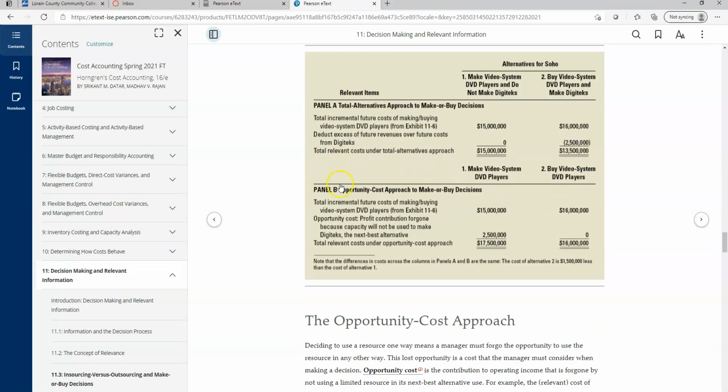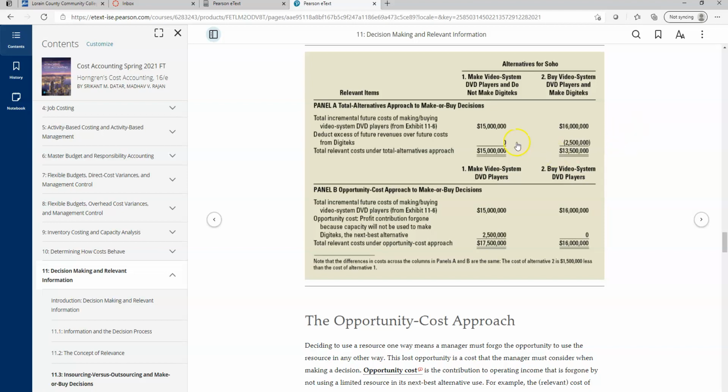Now, let's take a look at the decision-making process here for outsourcing, for the total alternatives approach versus the opportunity cost approach. This is where we see the opportunity costs implemented. Here's how we are going to deal with the idle capacity that we're going to have if we outsource the making of the video systems.